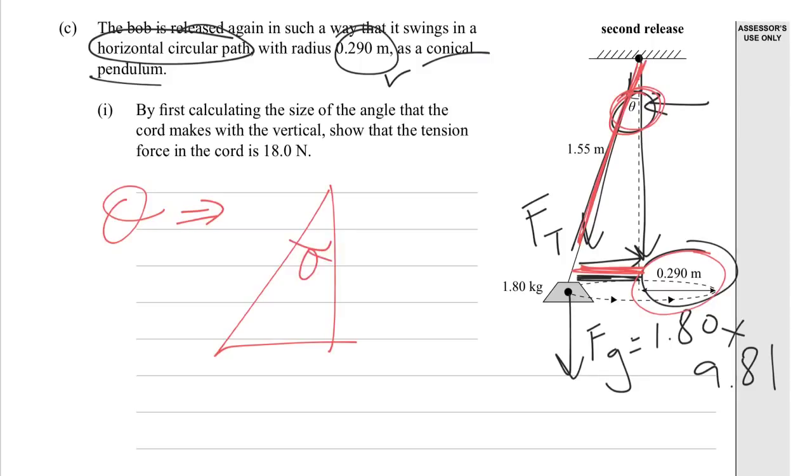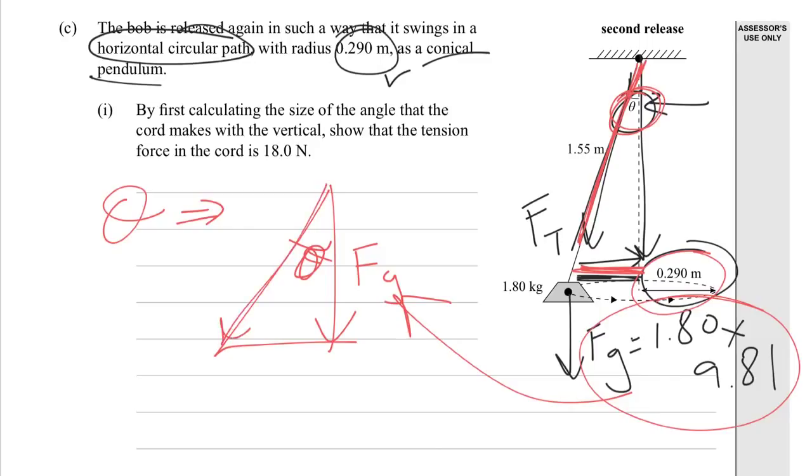There's your angle. You've got the force due to gravity acting down there, which is what we calculated, and you use the force due to gravity and that angle theta to find out what the tension force will be, and you should get an unrounded value which rounds to 18.0 newtons.